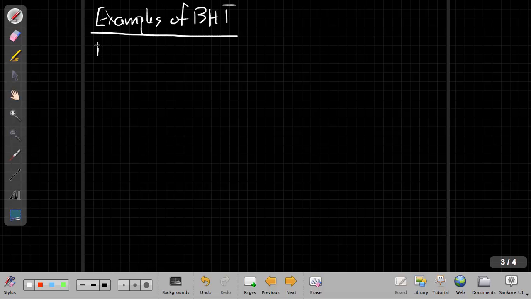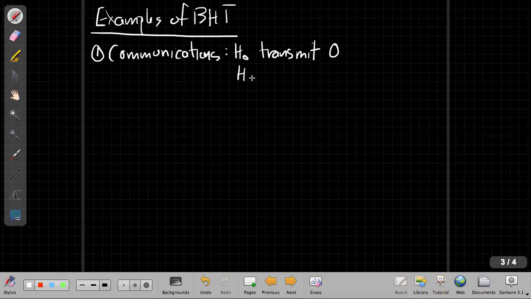The most common one is a communications problem, right? Where in binary digital communications, H0 is that the sender transmitted 0, H1 means that they transmitted 1. So we get some measured voltage or pressure, and we're trying to decide which of the two bits was sent.